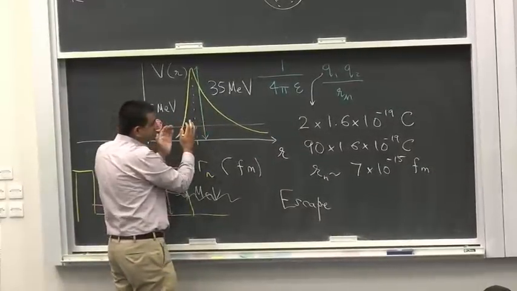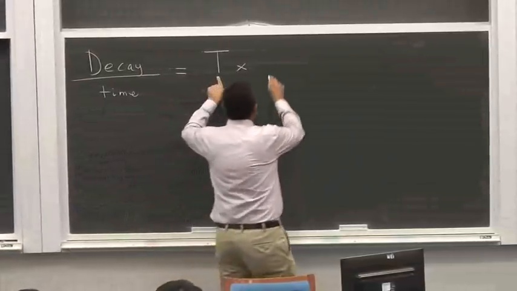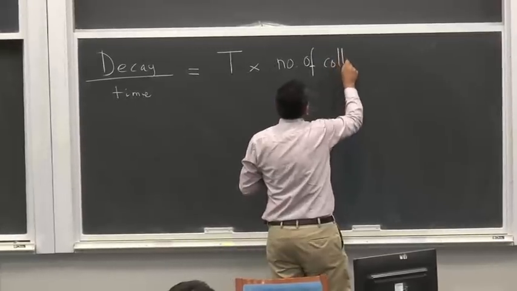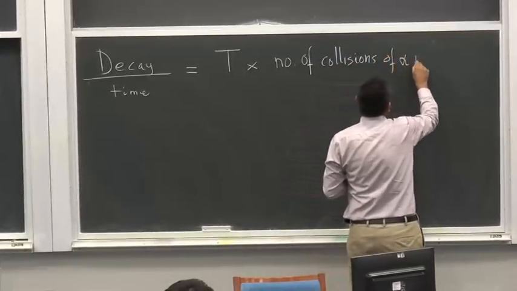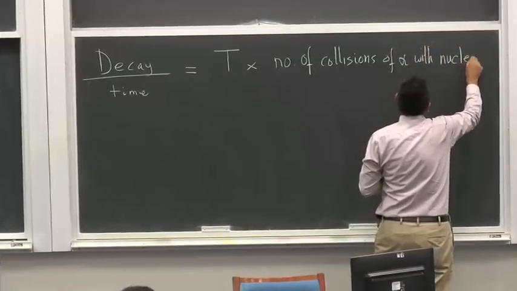It depends upon the tunneling probability and the number of collisions of the alpha particle with the nuclear surface.